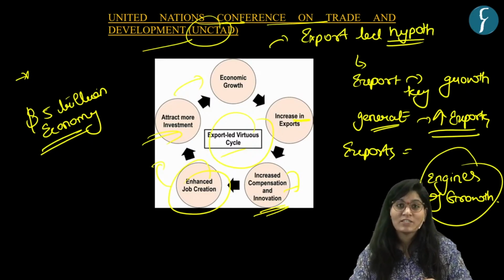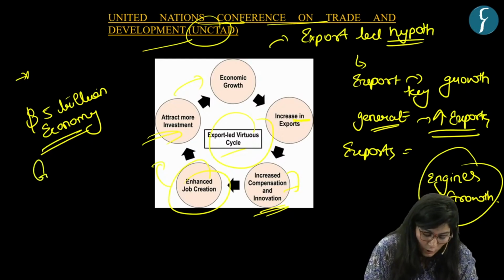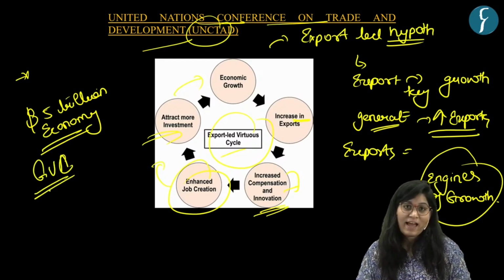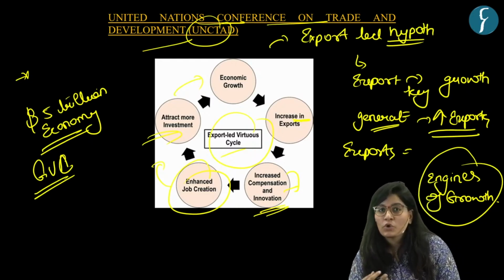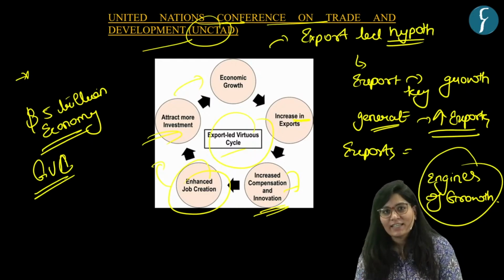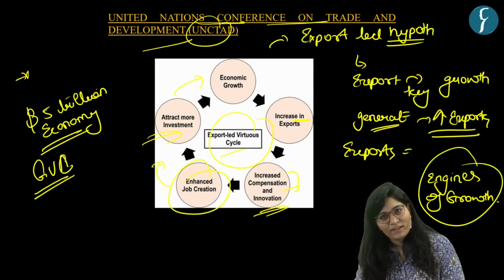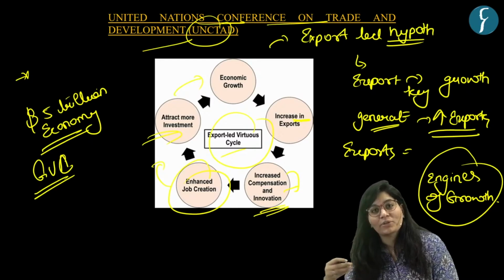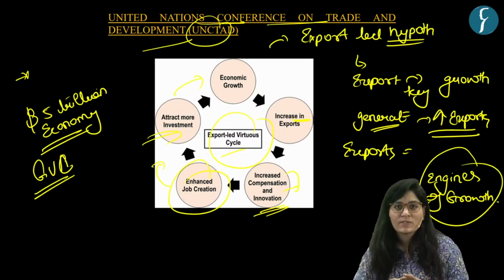Okay, so for this, what does India need to do? India needs to integrate with global value chains. Integrating with global value chains will attract investment, lead to more job creation, and lead to economic growth. Okay, so this is all basics about the export-led model.